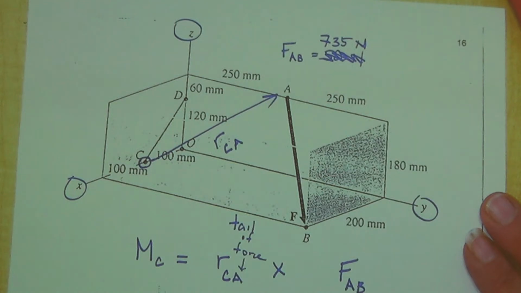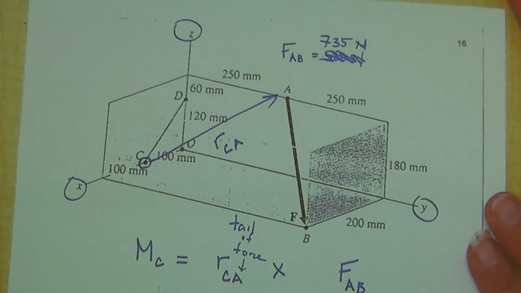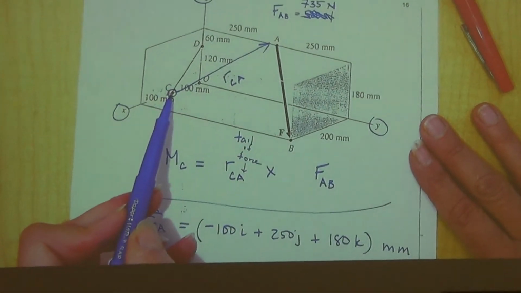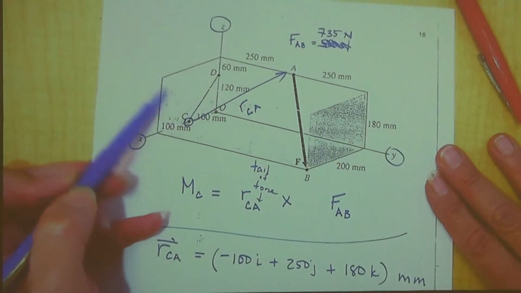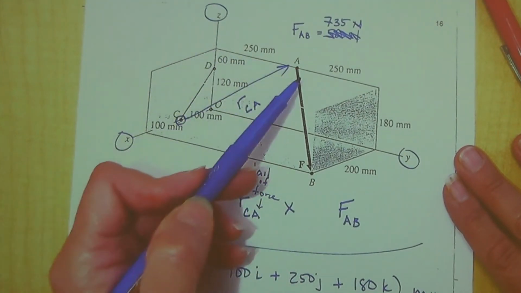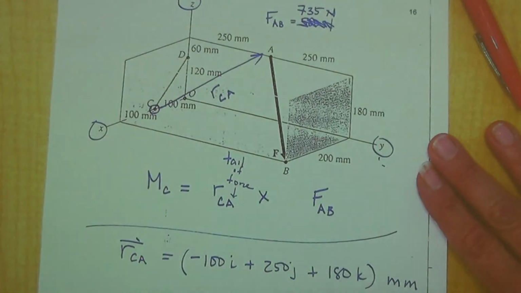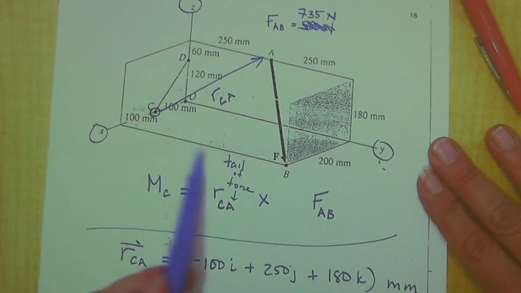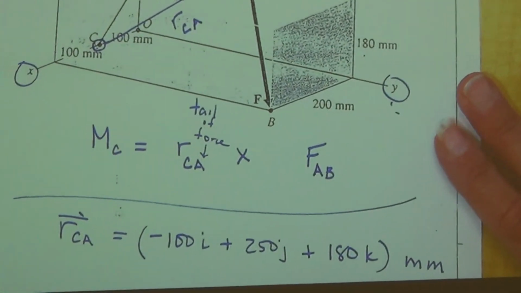Yeah, it's 180. And it's millimeters. Going from C to A, I went 100 in the x, in the negative x direction. C is on the left side of my plane, and it's 250 over, in the positive y direction. And C lies on the bottom of this box, and A is on the top, so it's going up 180.